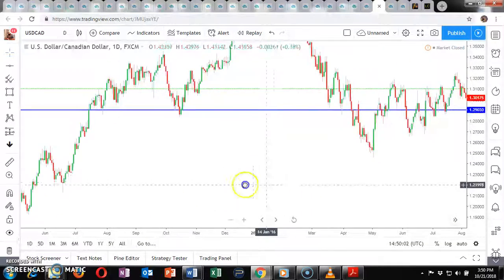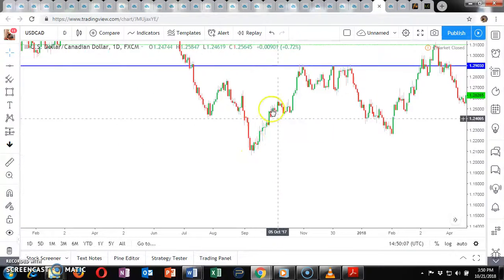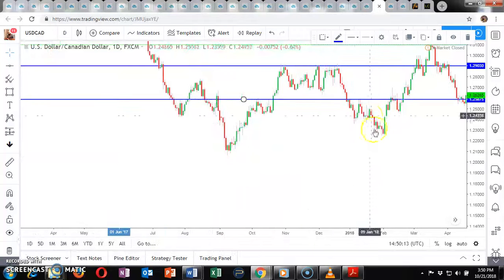So I'm going to draw more. Let me look for more lines now. I'm just going to take my horizontal line and place a line here. Now, you see here, the market has come to test this place as resistance. It tested it here as resistance, here the same thing, here before it broke resistance and came back, came to test it as resistance.